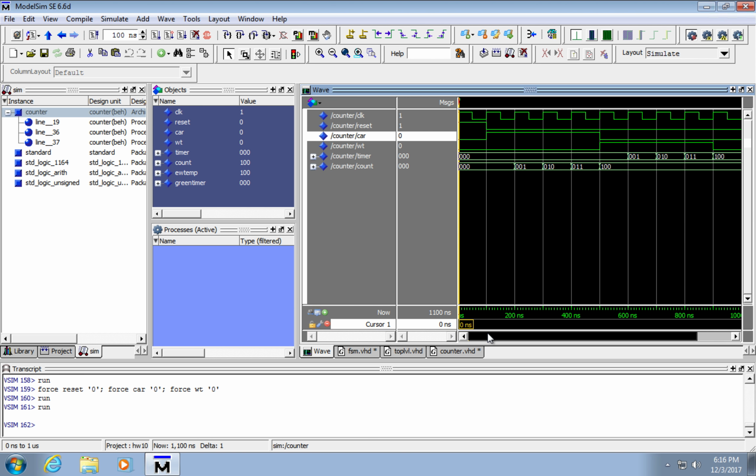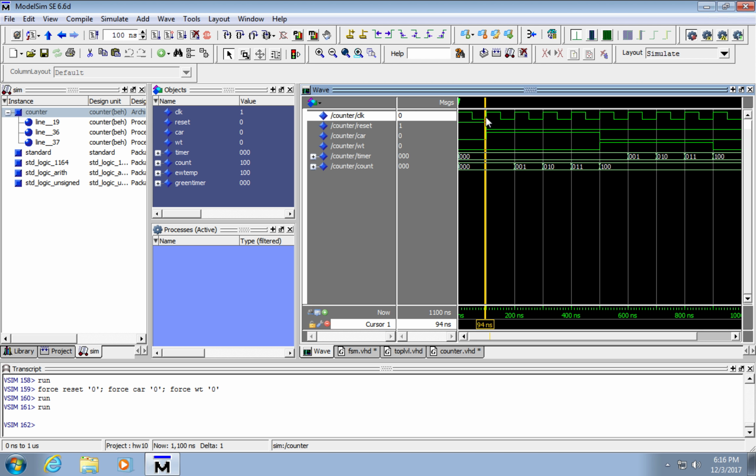For our waveform, I force the reset to be 1 to reset the system, so that the timer and the count can be initialized to 0. Then, for the next rising clock edge, I force the reset to be 0 and car to be 1.